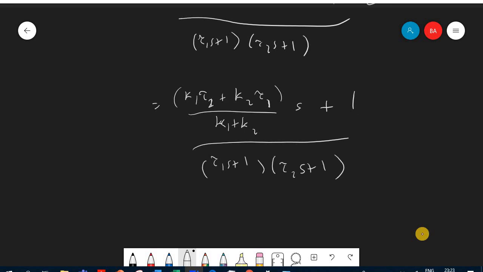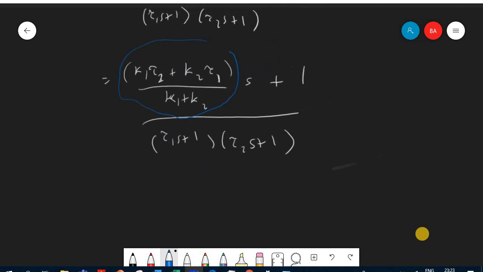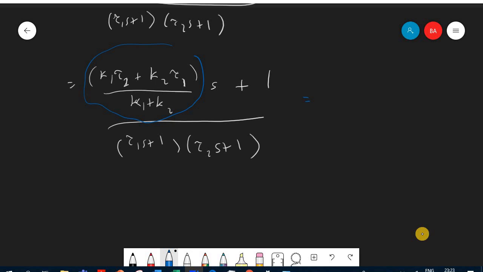So what do we have here? We are going to call this whole thing tau a. It will look like tau a s plus 1 over tau 1 s plus 1 into tau 2 s plus 1.